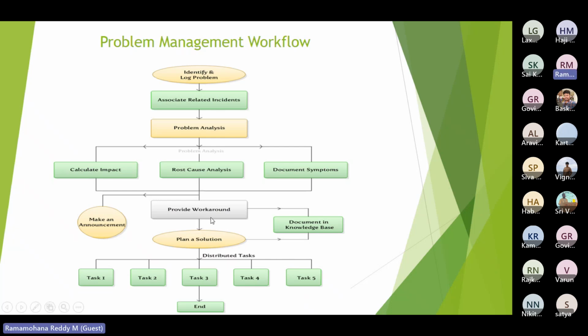If the reported problem is happening across the globe or for a group of members, impacting a group of people, departments, organization, maybe locations, right? So what you will do, you can make an announcement to all the members. There is an issue or problem reported by so and so with this reason.